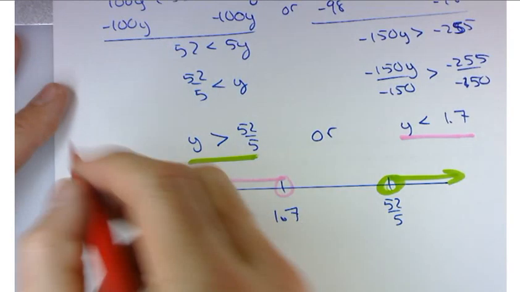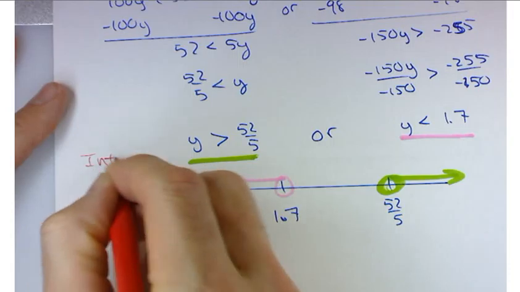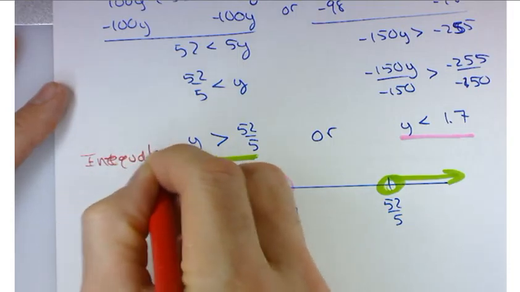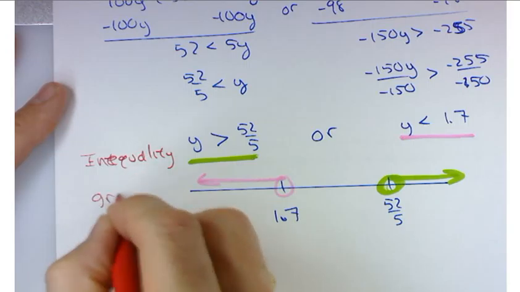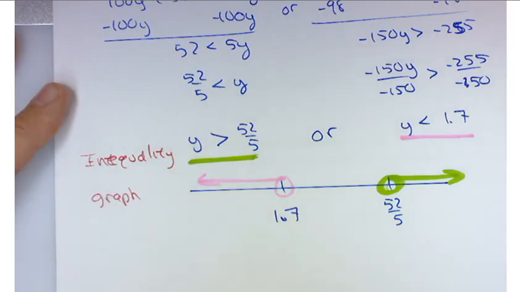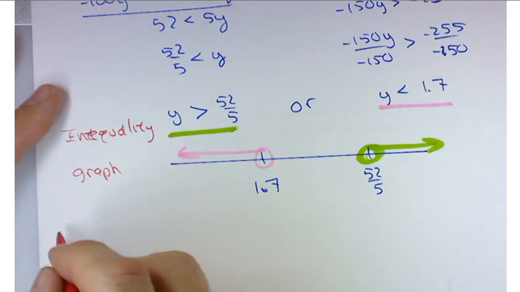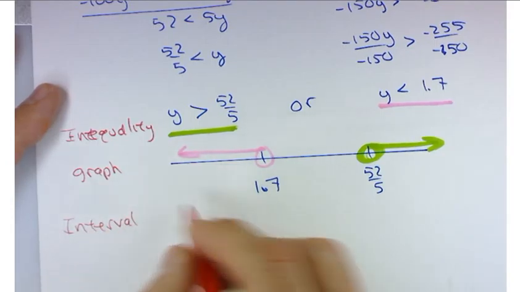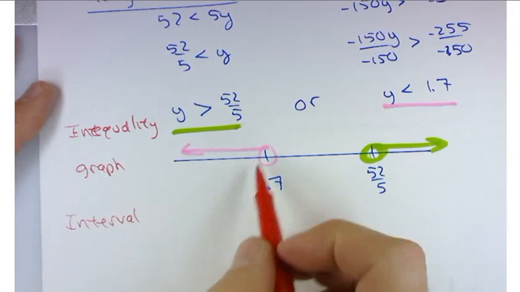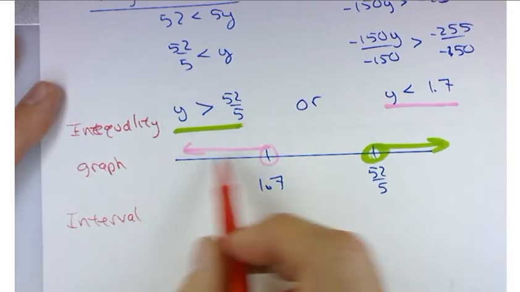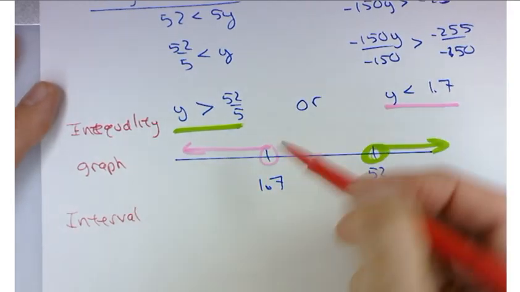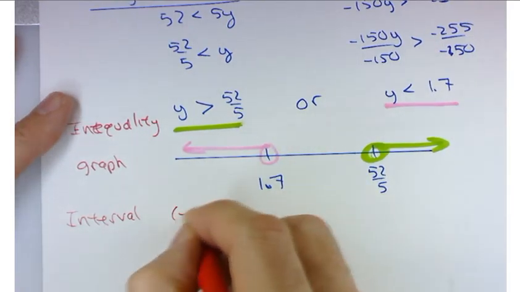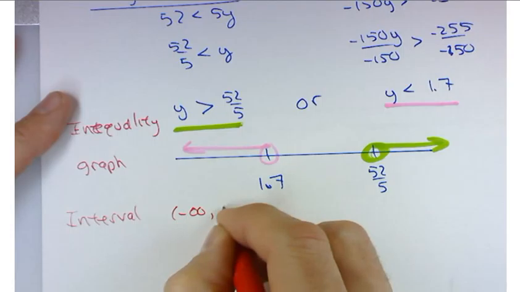You've got the inequality here. You've got the graph here. And then the interval notation would be this. Let's take a look at this interval. What's the left-hand endpoint of this interval? Negative infinity to 1.7.